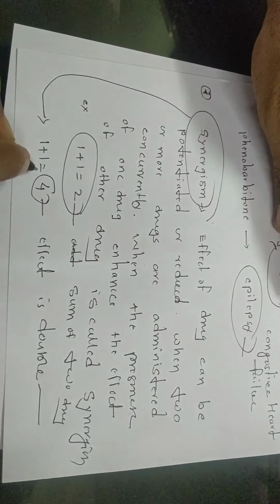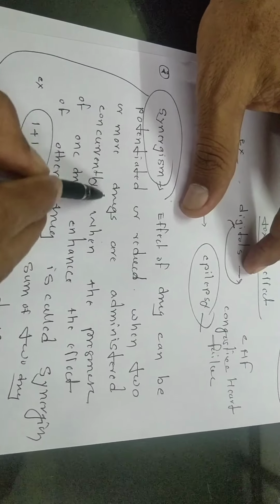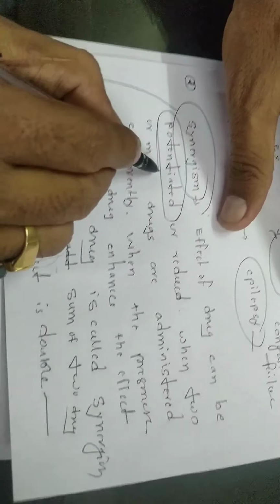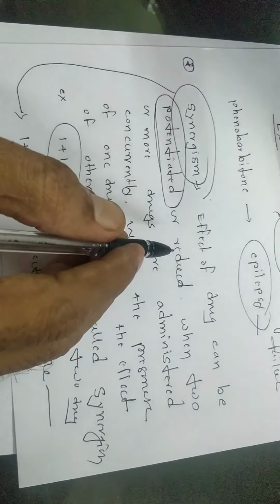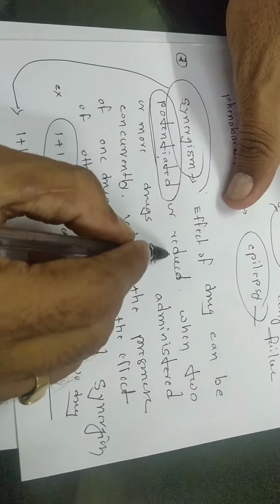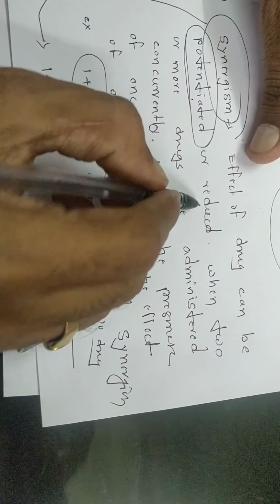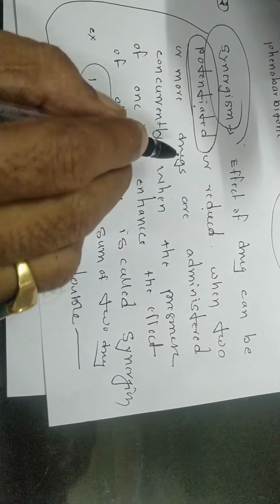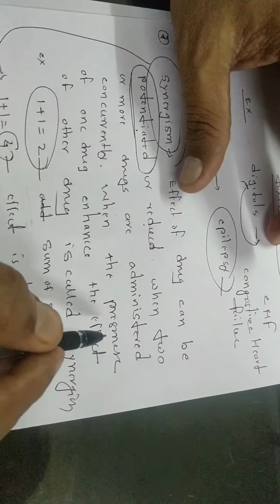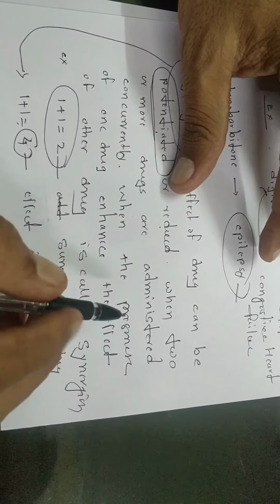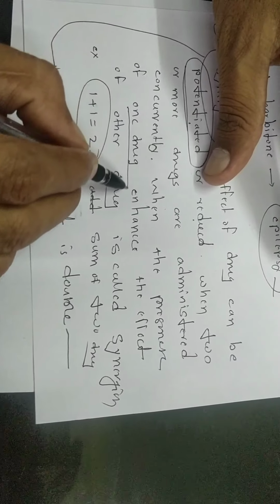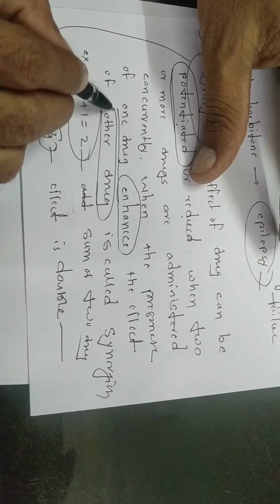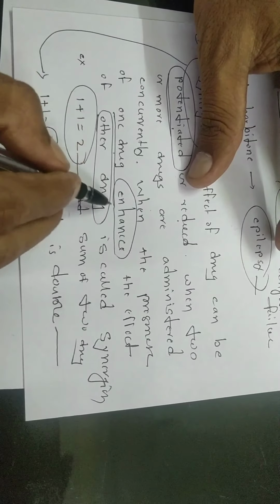Okay, how? When you take a drug, it can potentiate the effect in your body, or sometimes they produce an adverse effect and reduce the effect. When two drugs are administered concurrently, one after another, one drug can enhance the other drug.